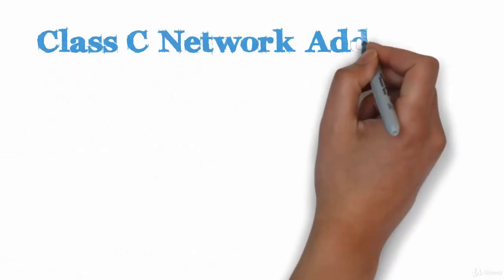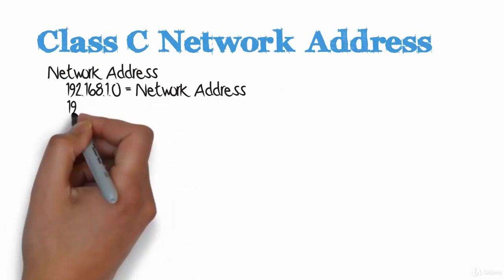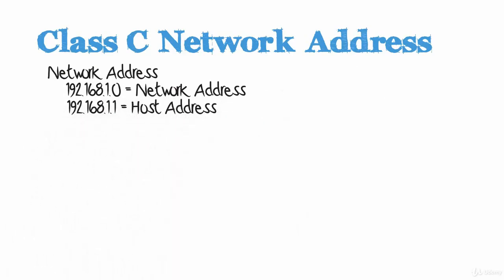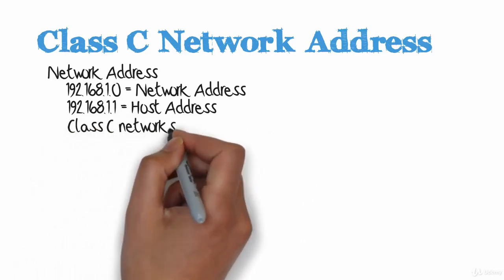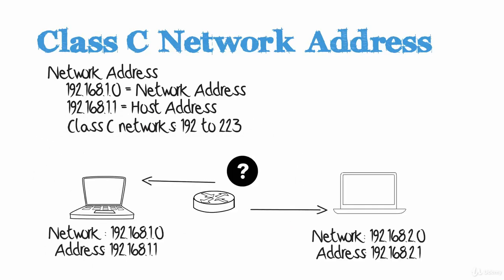And in Class C addresses, 192.168.1.0 would be a network address. A host address would be something like 192.168.1.1. Class C addresses are in the range 192 to 223 in the first octet. So once again, there are two devices in this example, and they have the same host portion, in other words, .1.